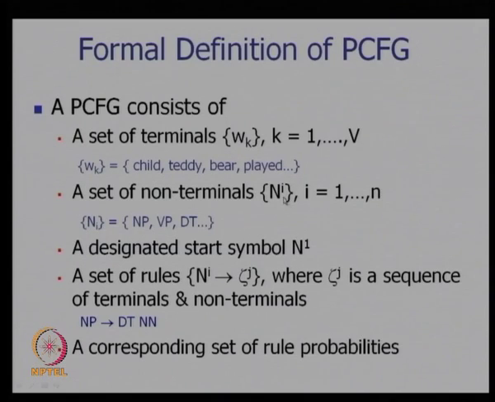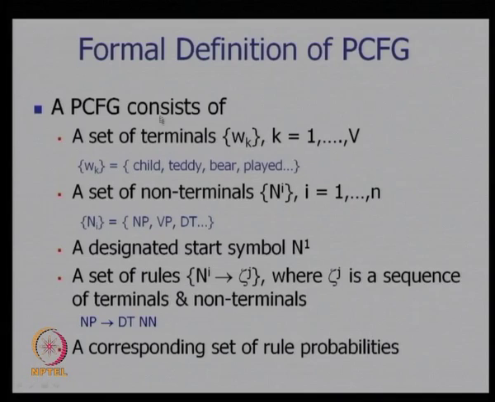A set of non-terminals Ni, i equal to 1 to n: NP, VP, DT, etc. are the non-terminals. A designated start symbol N1, which has a special status in the parsing process. A set of rules Ni going to zeta j, where zeta is a sequence of non-terminals and terminals. For example, NP goes to DT NN, and a corresponding set of rule probabilities.